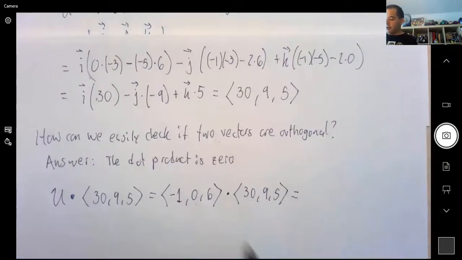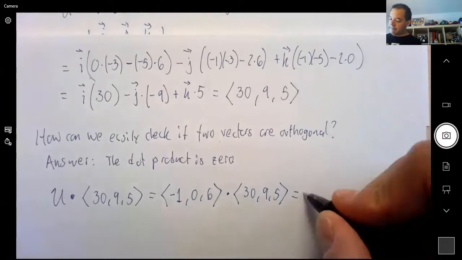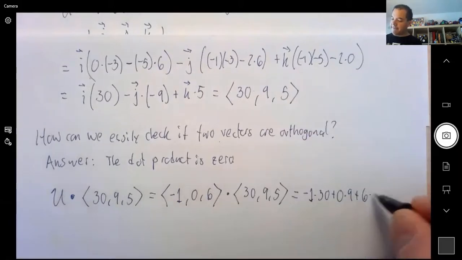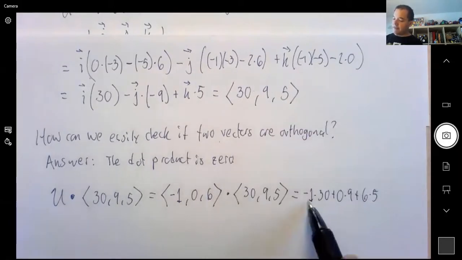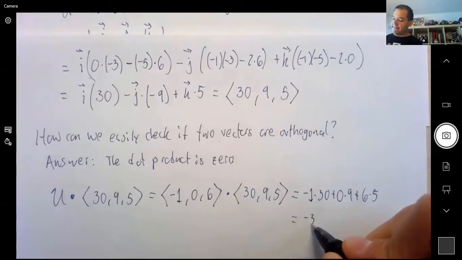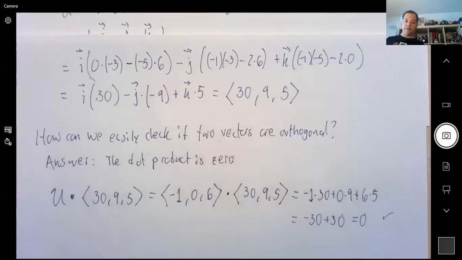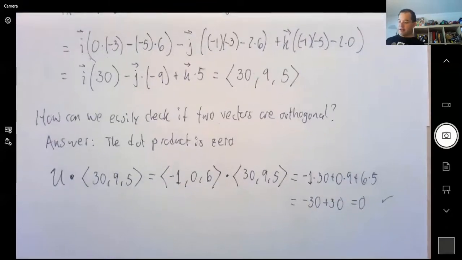We just multiply the corresponding ones. So this is -1 times 30 plus 0 times 9 plus 6 times 5. This is 0, and this is -30 plus 30. 0. Yes, they are orthogonal, right? So that's our check. Now let's do v.